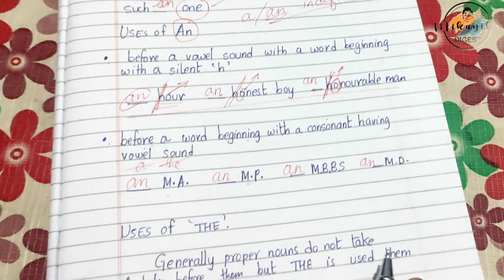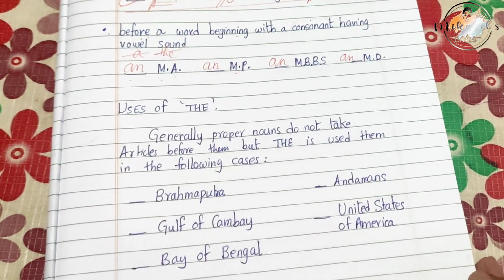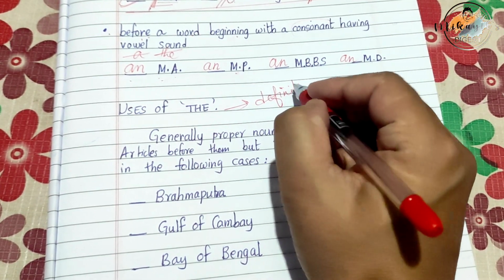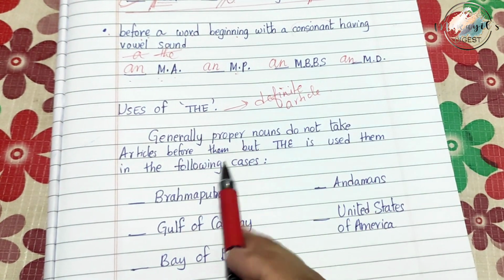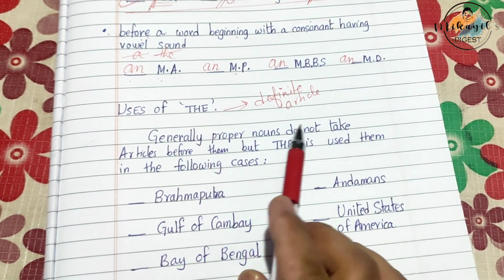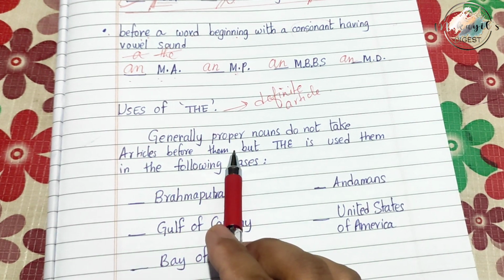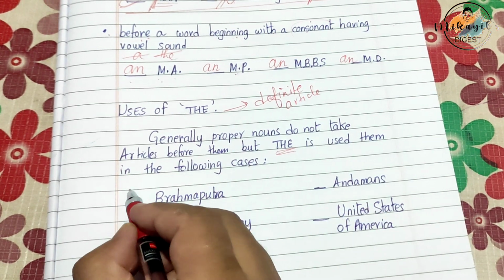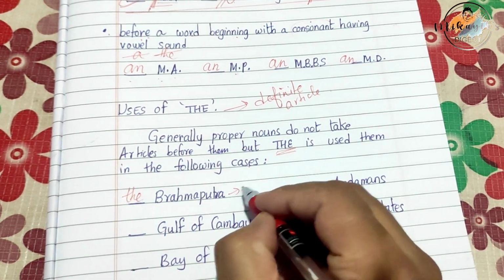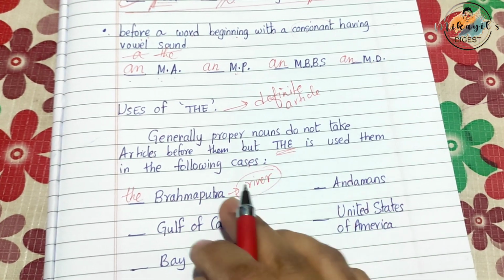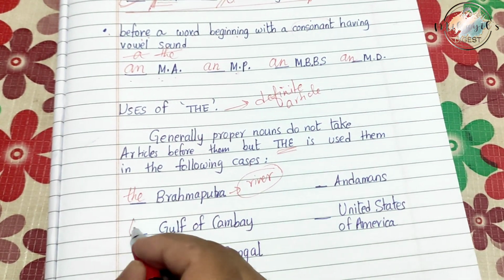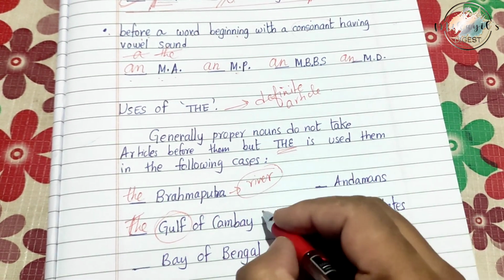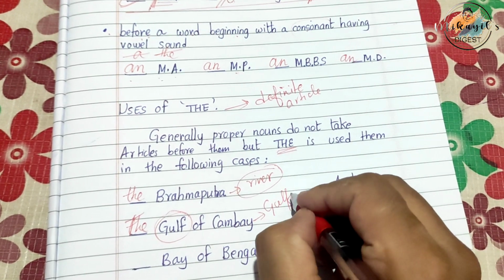Now, having finished with a and an, let us see the uses of the, which is a definite article. Generally, proper nouns do not take articles before them, but the is used in the following cases. For example, the Brahmaputra, because it is the name of a river. So the is used whenever there is the name of a river. The Gulf, because the can be used before gulfs.